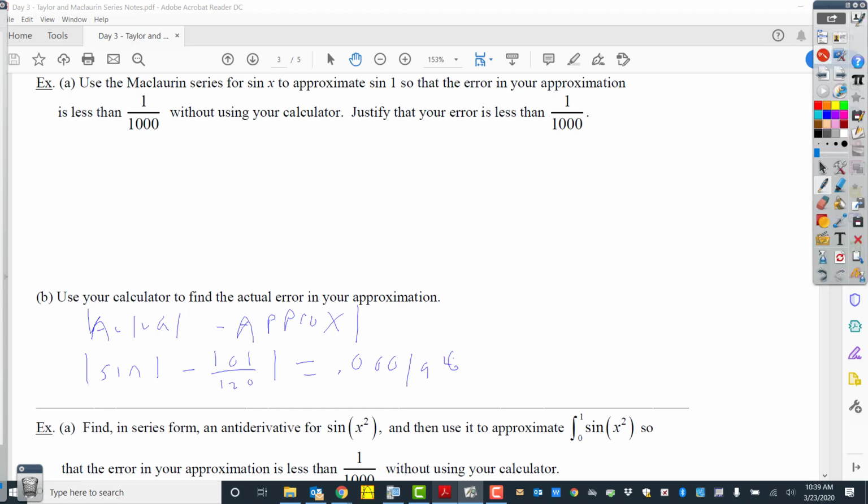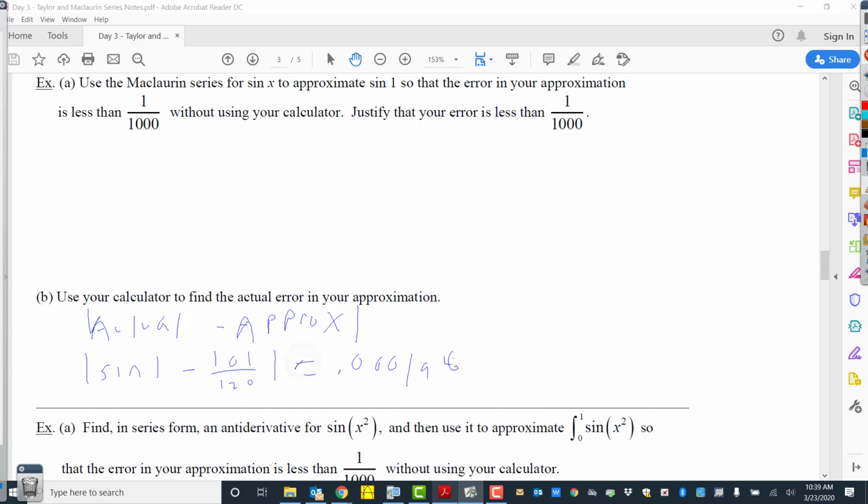Let me say approximately there. So that means our error is 0.000196, which is definitely less than 1 over 1,000. So we were able to approximate sine of 1 with a pretty surprising amount of accuracy.